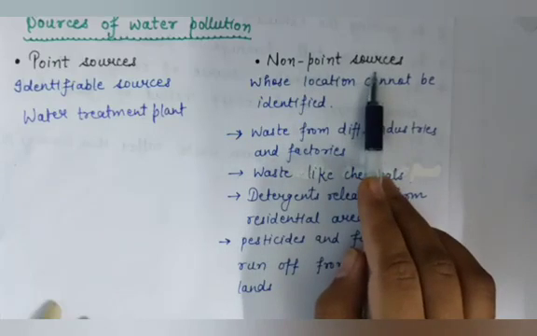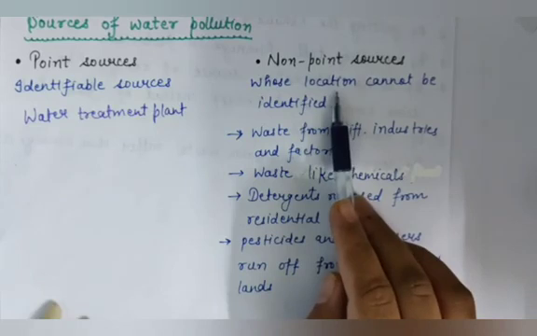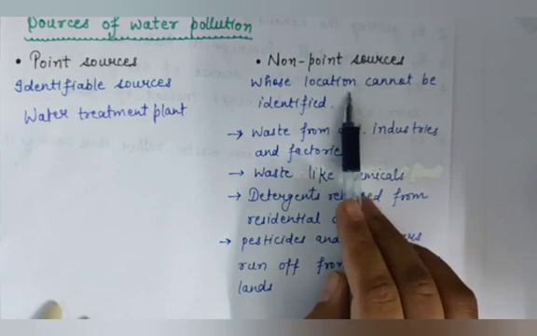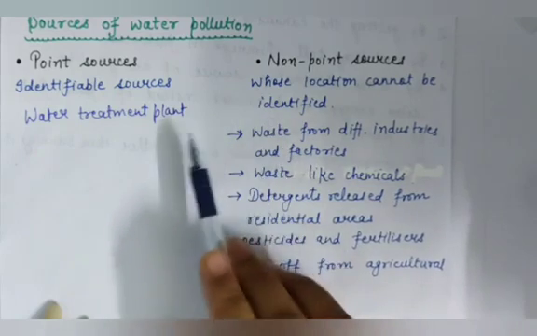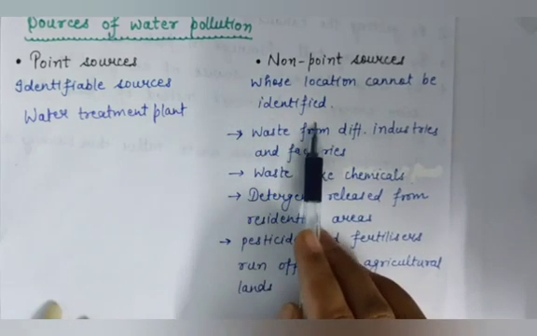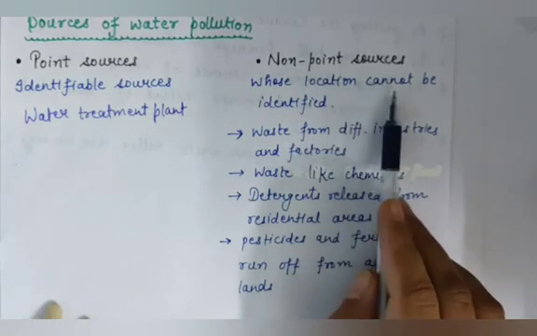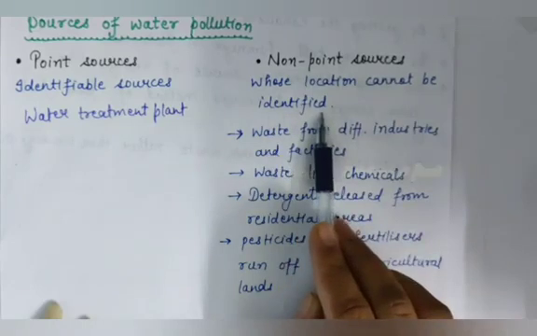Non-point sources are those sources in which we cannot identify the exact location. The major difference between point sources and non-point sources is that in non-point sources, the location cannot be identified.